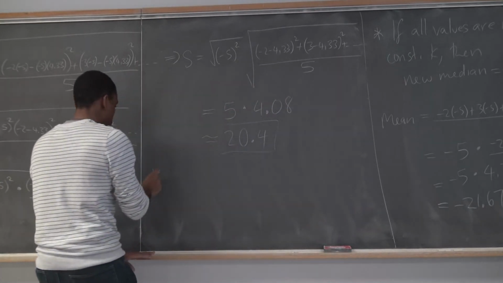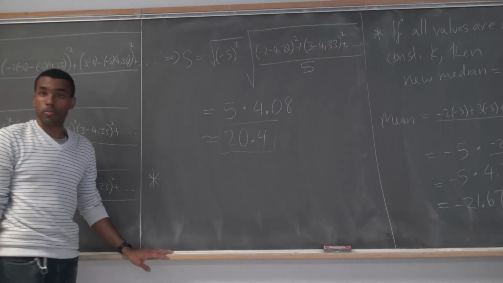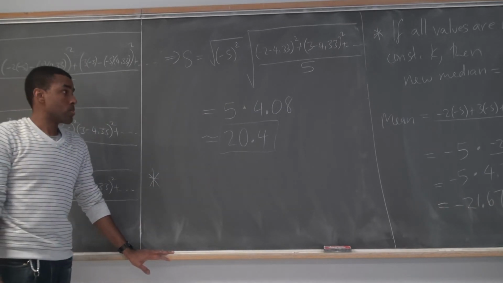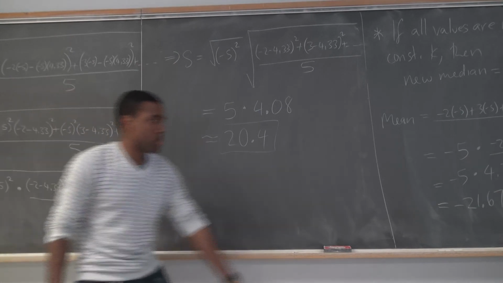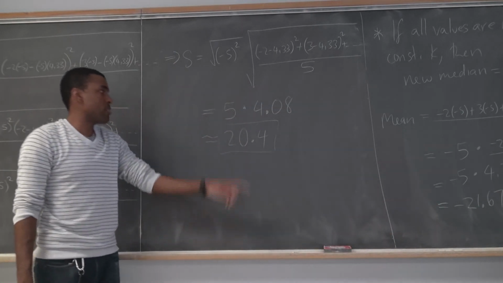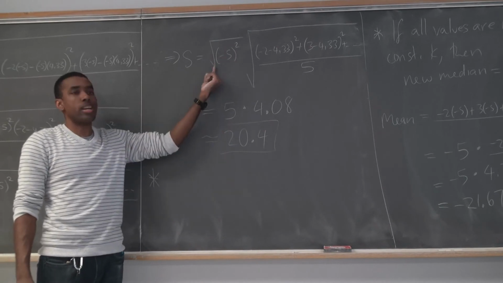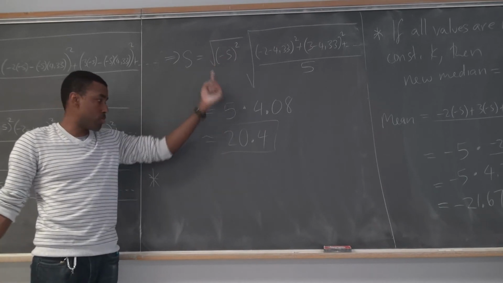Okay. Can you tell me a general rule? We multiply by the absolute value of the constant. Notice here we multiply by -5, but the standard deviation got multiplied by a +5. That's because you squared it and took a radical, which gives you the absolute value of a number.